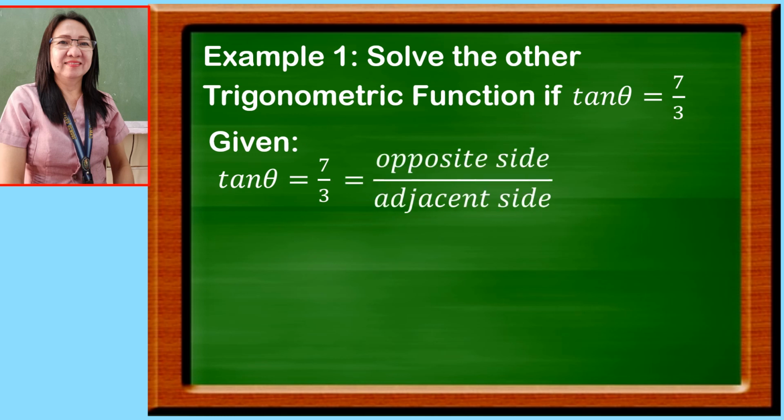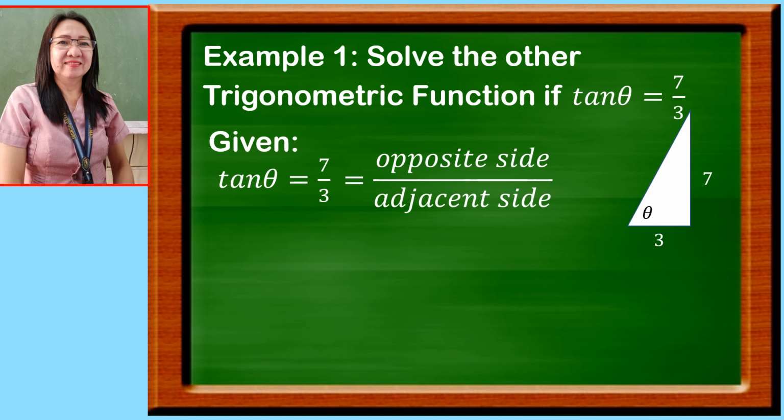Then, it is described as opposite side over adjacent side. Let us have this in our illustration. Then, our theta is located on this part. Then, from our theta, we have the opposite side, which is 7. So, let us put 7 on this part. Then, its adjacent side of theta is 3. So, we have 3 on this part.